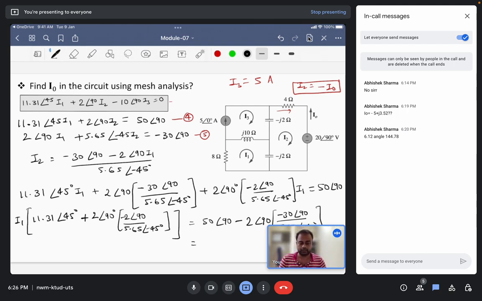So let us first of all simplify the RHS side. So 50 angle is 90 degrees minus twice angle 90 degree multiplied by minus 30 angle is 90 divided by 5.65 and angle is minus 45.